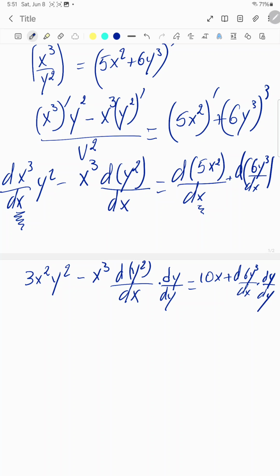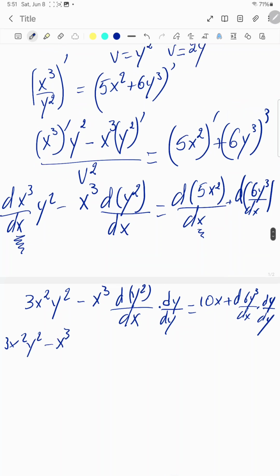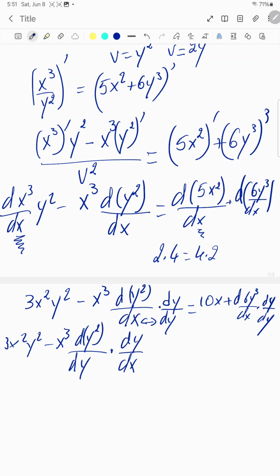So let's do it. It is 3x to the power of 2, y to the power of 2 minus x cubed. And now I know 2 times 4 is equal to 4 times 2, so when I am multiplying, it does not matter the order. So I can switch the order, and here I can switch dx and dy. So it is d of y to the power of 2 divided by dy times dy divided by dx.